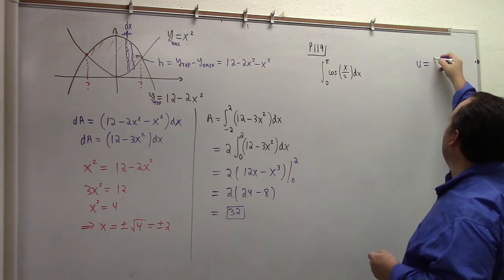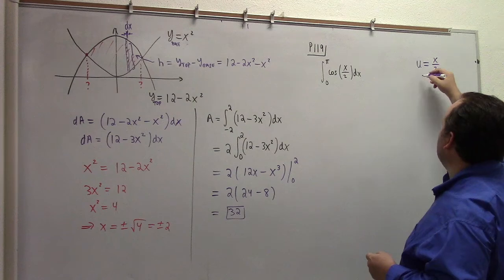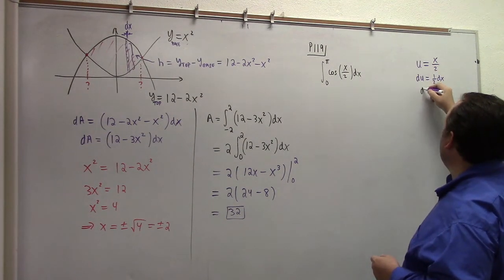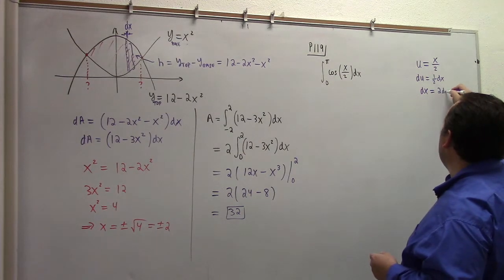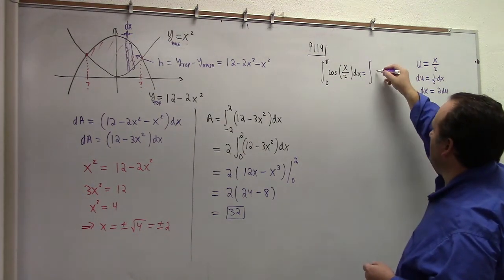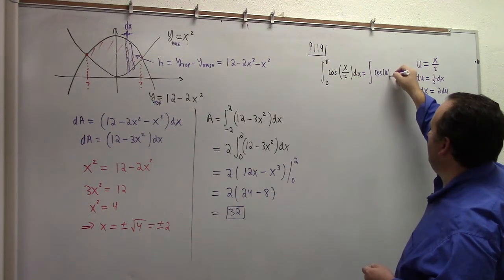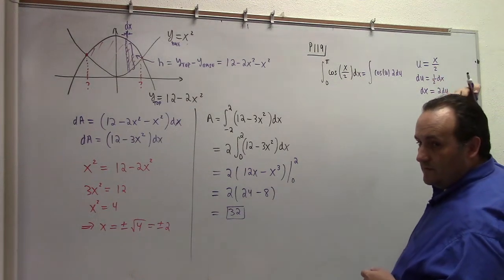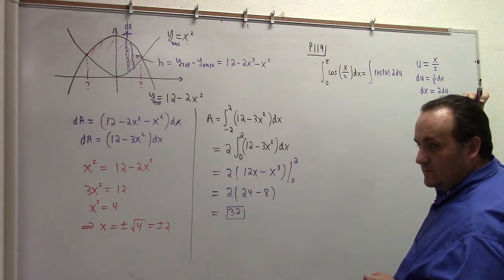X over 2. Very good. So then du is what? 1/2 dx, which means dx is 2 du, right? So we get cosine of u times 2 du. Did you get that? Yeah.